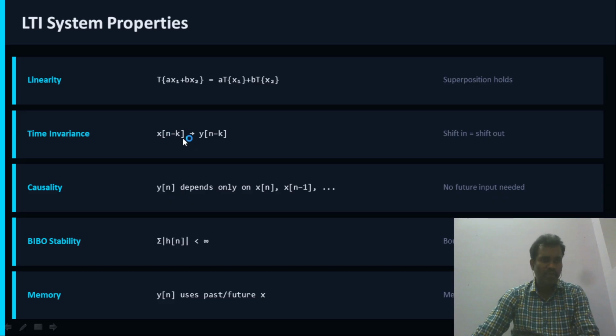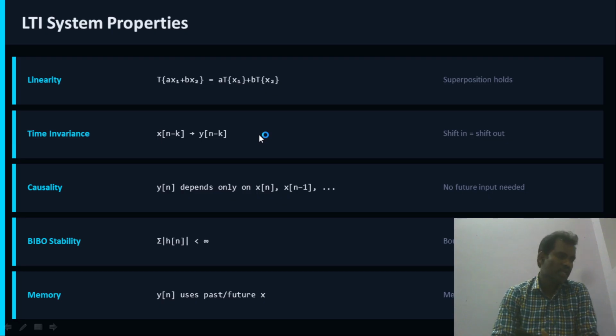If you give x of n minus k as input, then the output should also be equal to y of n minus k. Then it is called time invariant. It is not varying with time. Even if you shift the signal, the response should also change proportionately in time. Shift in equals shift out. Otherwise, it will be time variant.